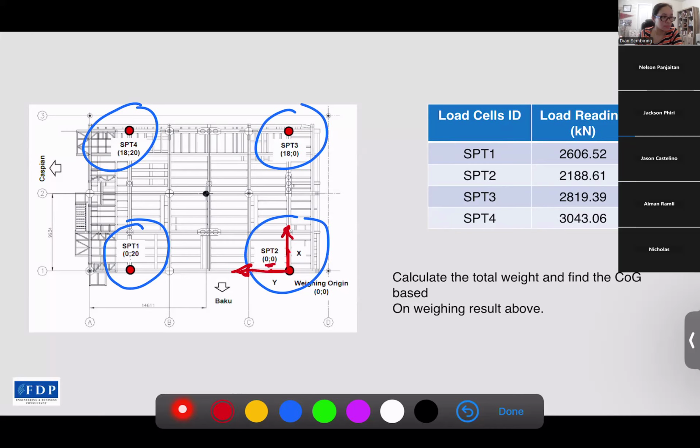So we have the coordinates for each compression cell. We just combine that using the same formula to get the location of the COG.